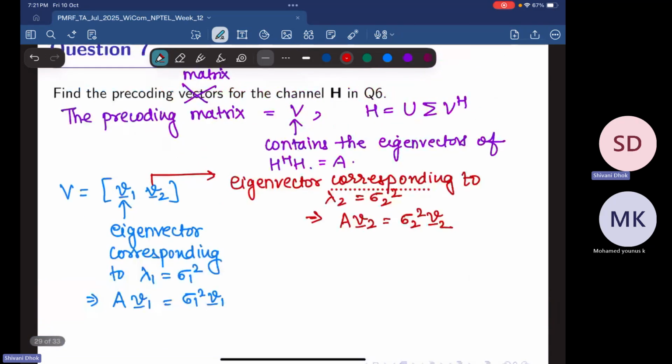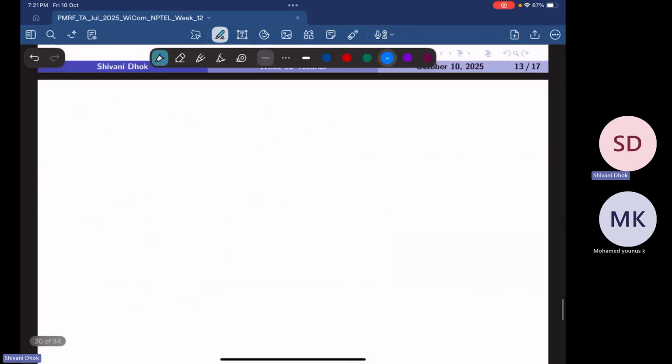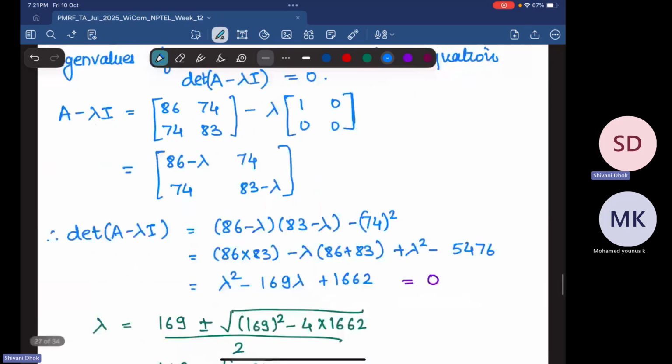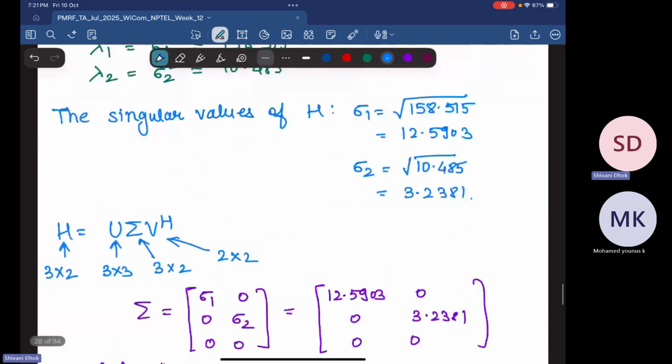So now to get your V1 and V2, we'll do the standard trick that we do in maths when we find eigenvalues. We'll start with A x equal to lambda x. Your A matrix is H Hermitian H, and we already saw what it is. Here it is 86, 74, 74, 83.